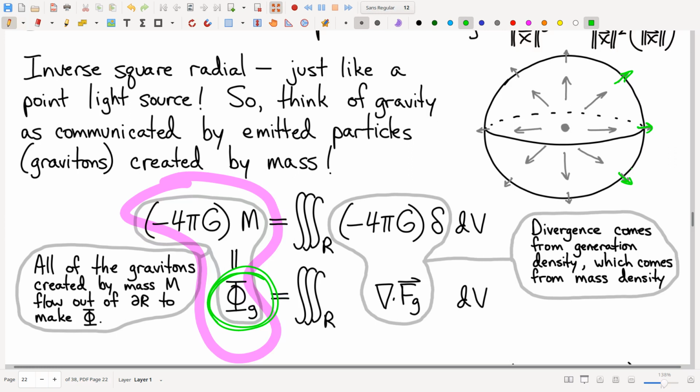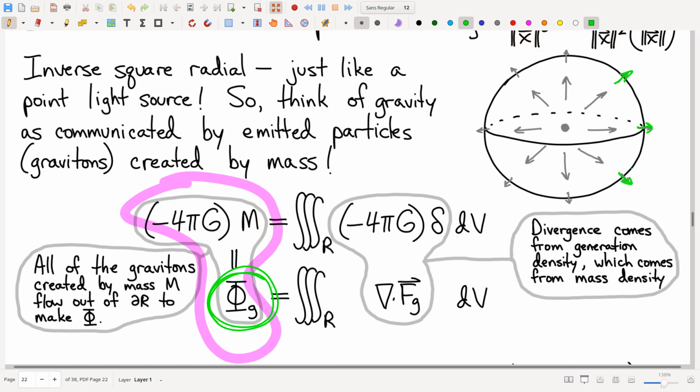Right, what is the grand total flux? How many of the gravitons created by the mass actually flow out? All of them, right? If this little piece of mass shoots out a graviton, it 100% will go out through the surface.